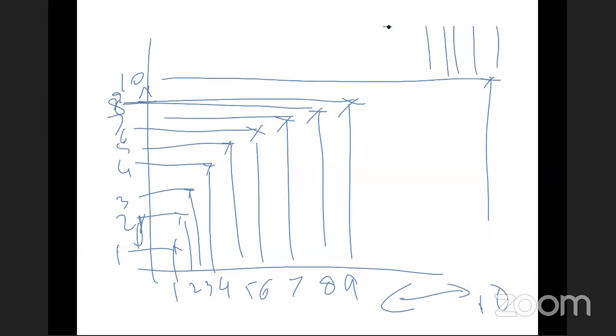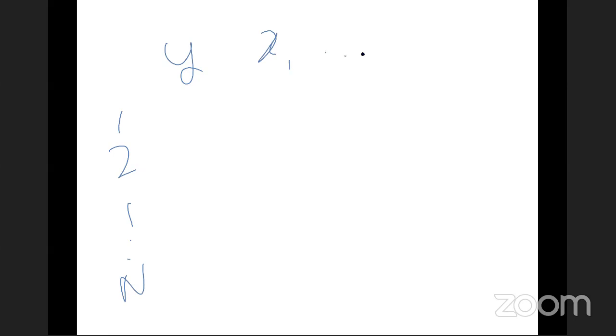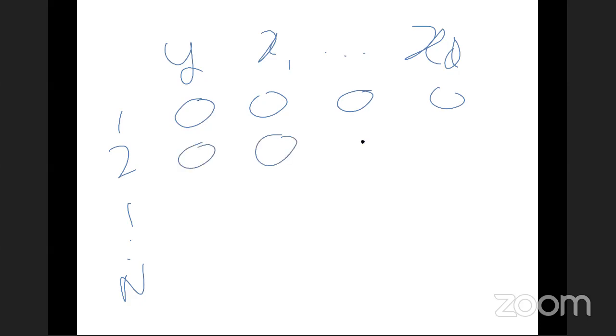The first column is y. I have sample one, sample two, all the way up to sample n, and then I have x1 all the way up to xd. I have some value here, some value here, and some value here.